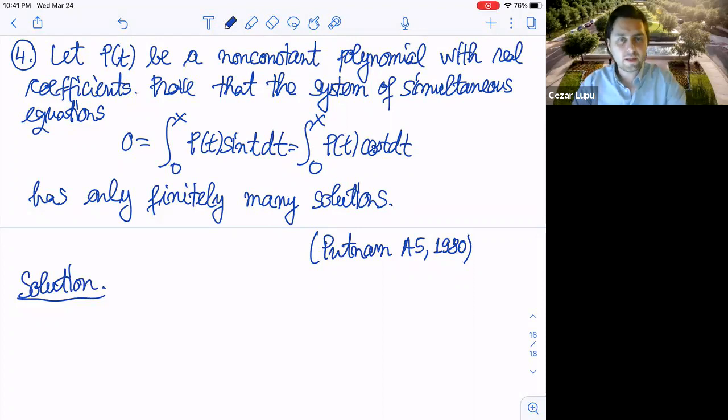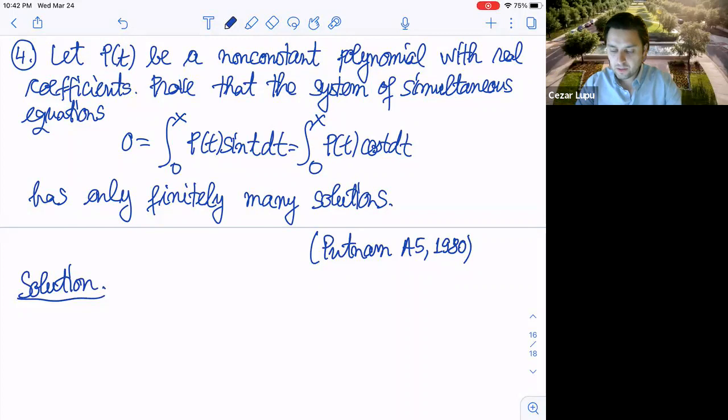The good part is that we're dealing with a polynomial, so we can integrate that repeatedly. So maybe that would be a good idea to try. Maybe we should do repeated integration by parts, because at some point it will just stop, right? And maybe we can combine these two equations in such a way that we will obtain some relationship between the derivatives of polynomials or whatever.